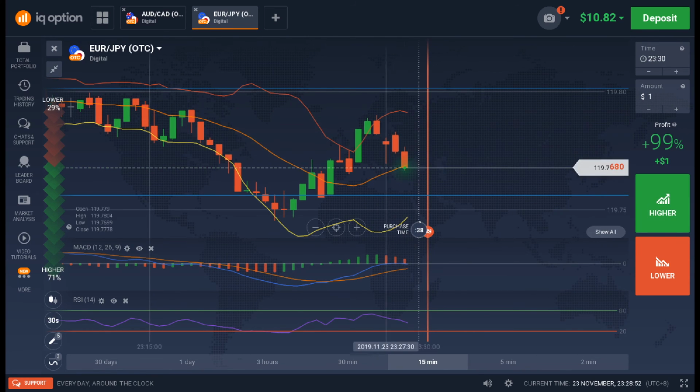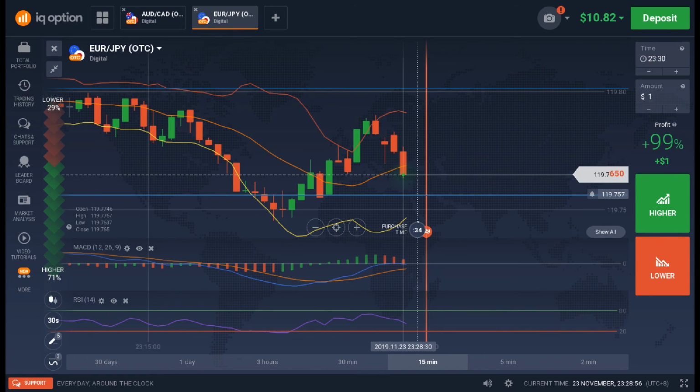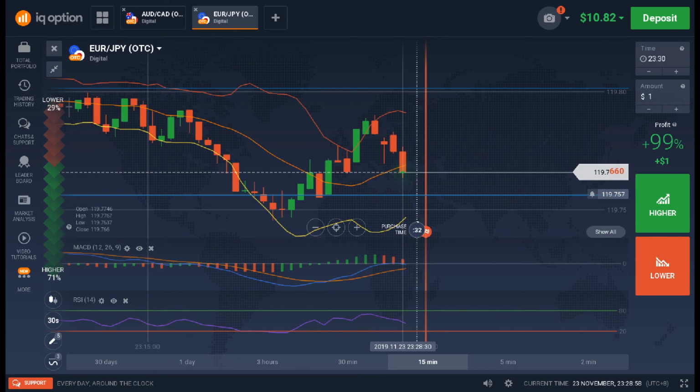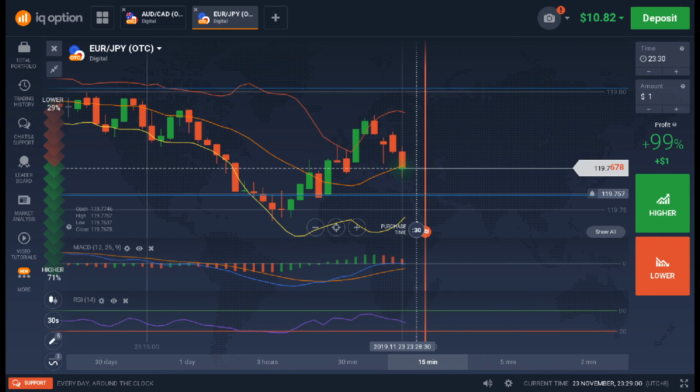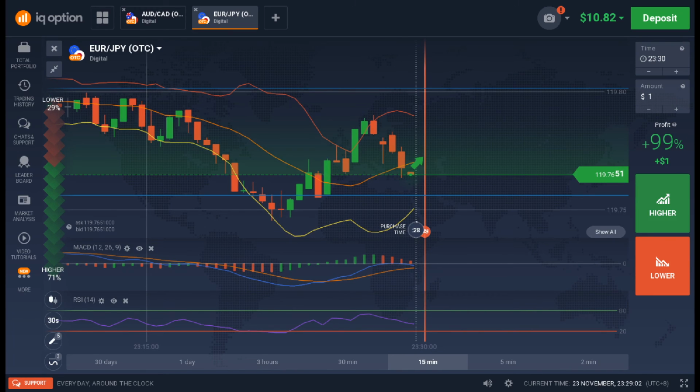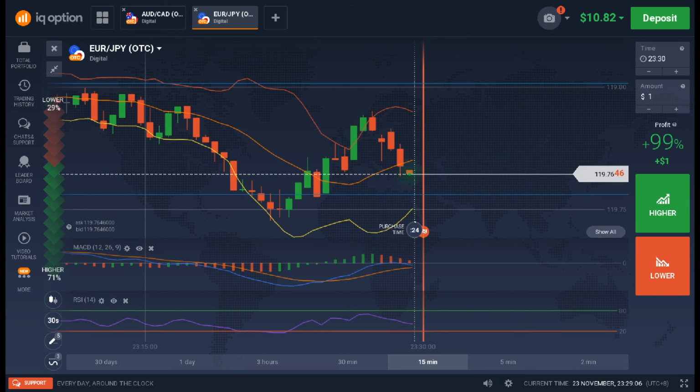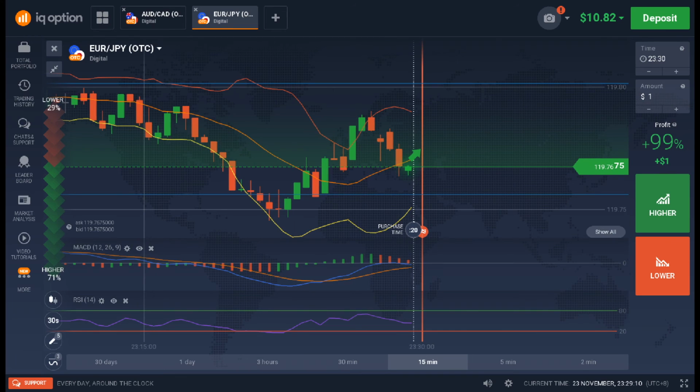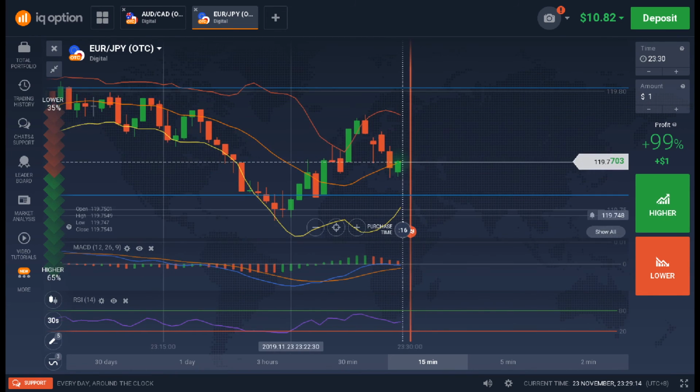Okay, breakdown in price. The next area to watch out for would be 119. Bounce. Looks like it is trying to make that bounce in this level.